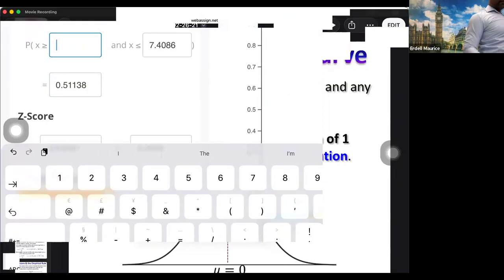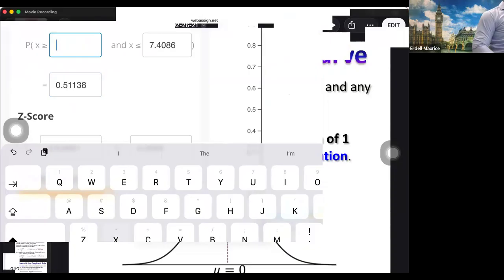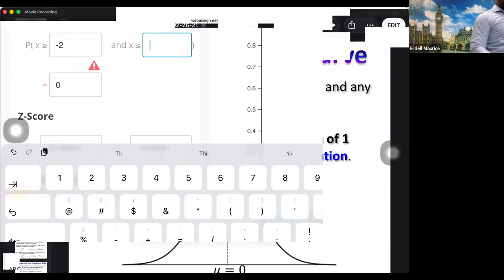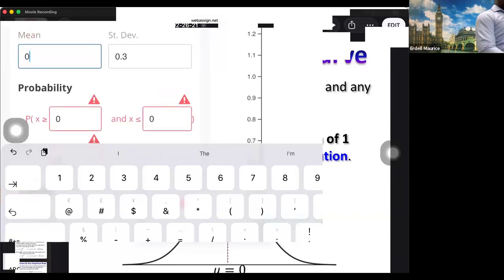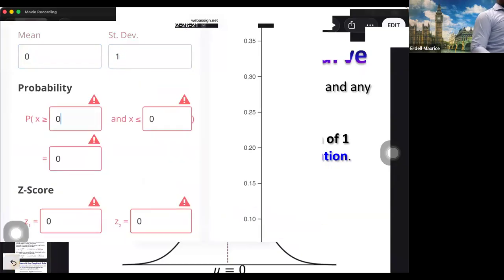I have to change the 0 and the 1. And in the other box, if I put in 2, and I put this as 0, and this as 1, it then reset my numbers here.